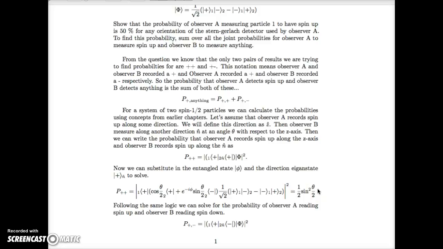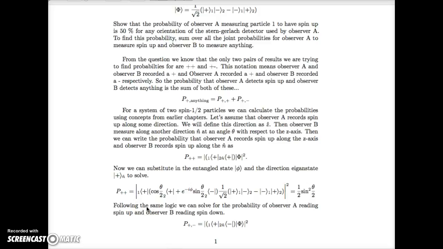And again, that theta is the angle that the n hat is away with respect to the z-axis.